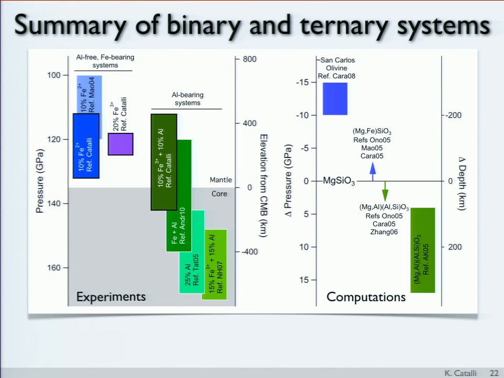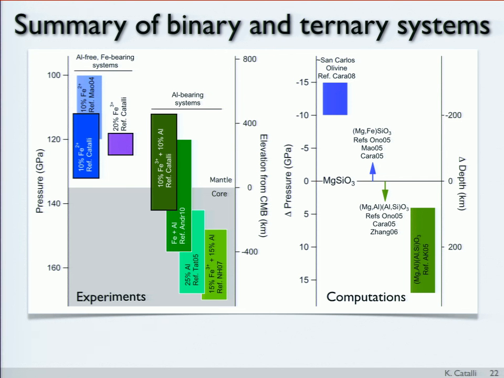Just to summarize that and plot this with other groups' work, here we're looking at pressure on the y-axis and different compositions, both experimental results and other groups' computational results on these systems. We see that aluminum-free systems tend to have pretty broad boundaries, but at lower pressures, so they're higher above the core mantle boundary.